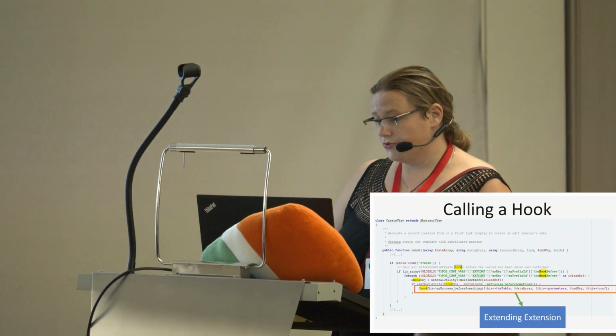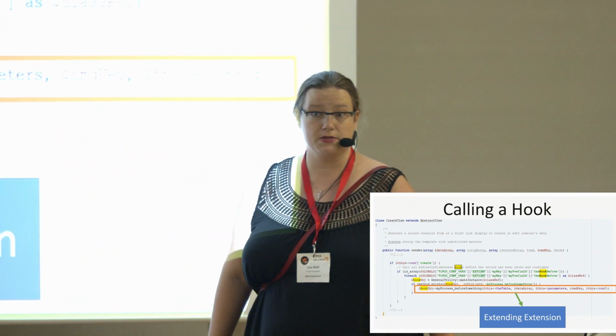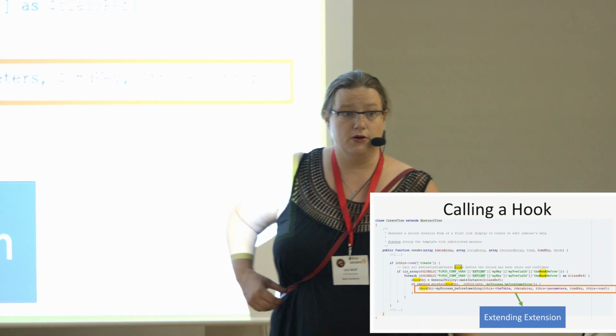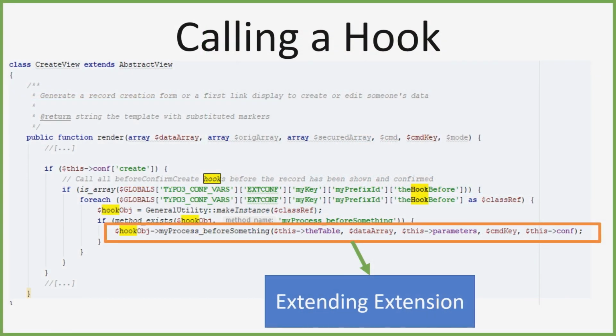One more interesting thing is that we do not catch any return values here. It's not possible to give a return value. So the only way I can change data is by using the PHP mechanisms of call by value or call by reference. For example, if I give them the data array, I can change some elements of the array. As I'm referencing the array, everything inside the array I can change.